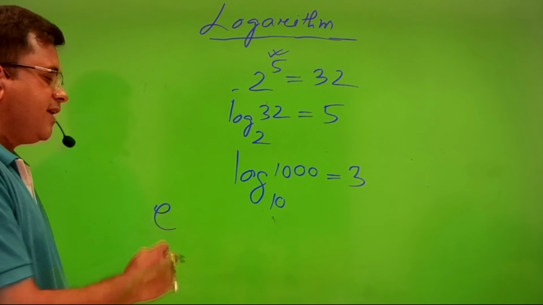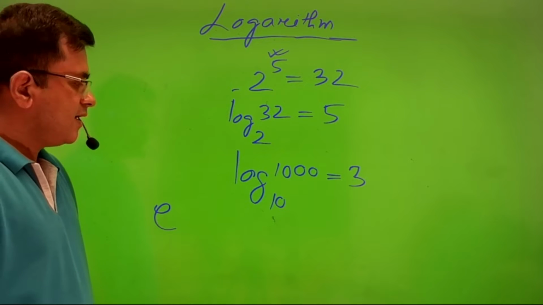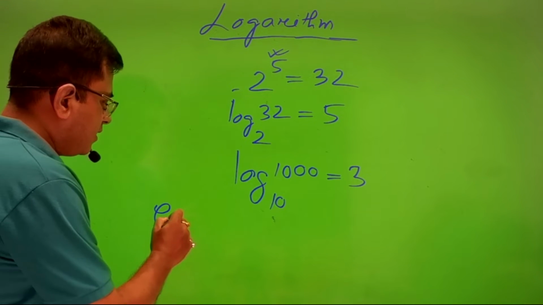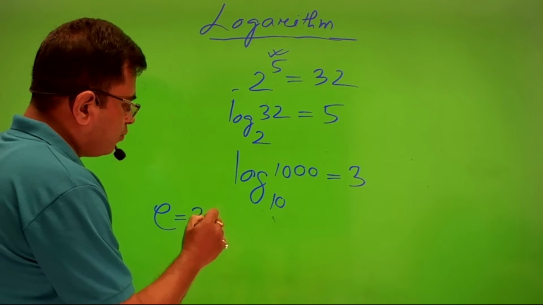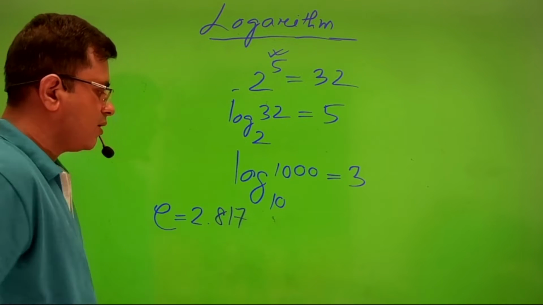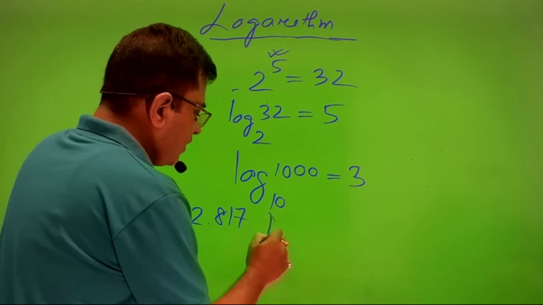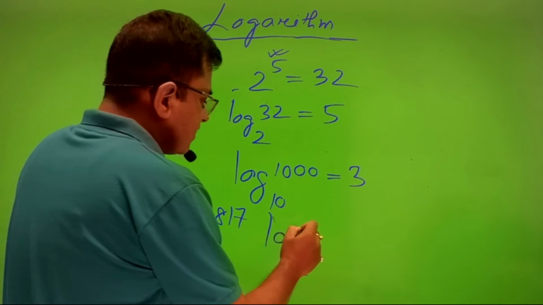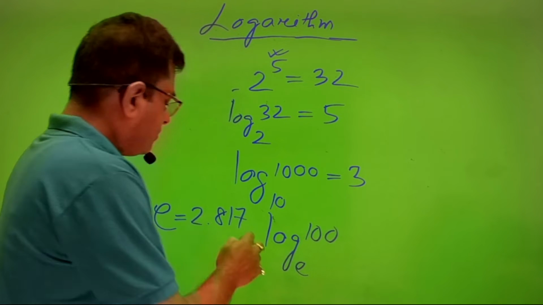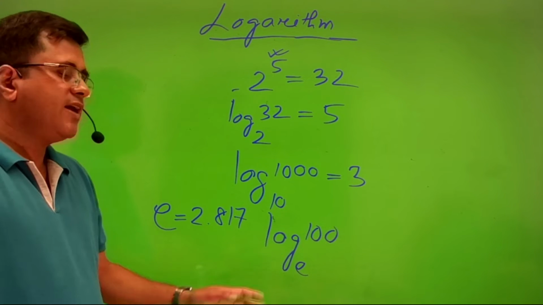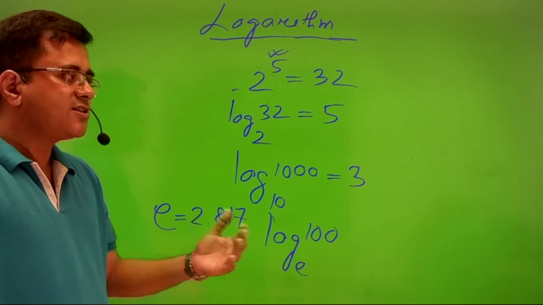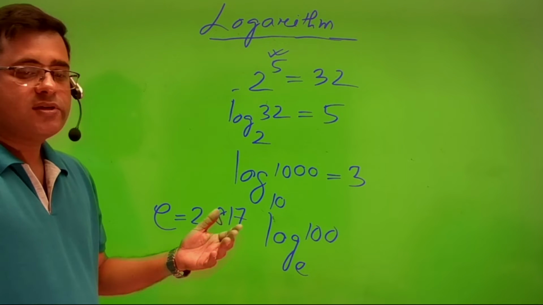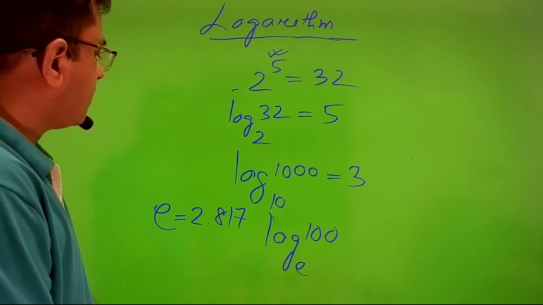Sometimes we use e as the base of a logarithm. So what is e? E is a mathematical constant. It is similar to pi. It is an irrational number. The approximate value of e is 2.718. When we use e as the base of a log, these logarithms are known as natural logarithms.